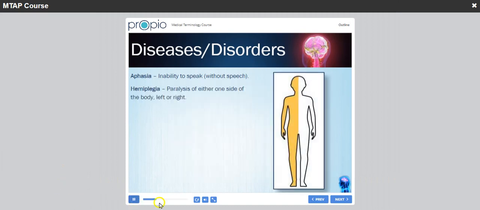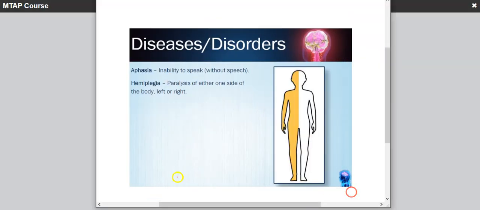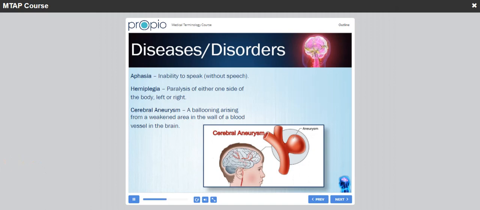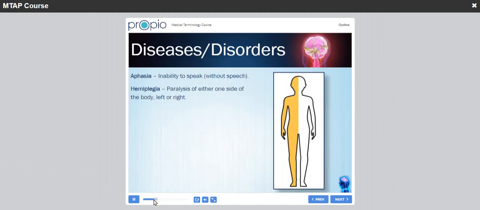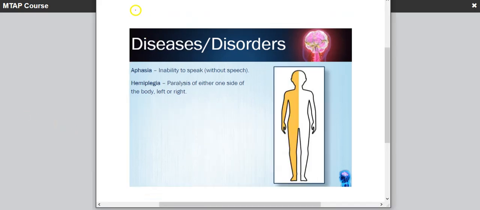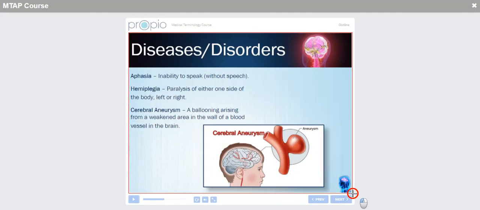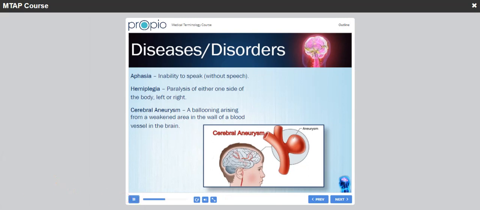Encephalitis. That's the inflammation of the active tissues of the brain caused by an infection or an autoimmune response. Traumatic brain injury is a sudden injury that causes damage to the brain.